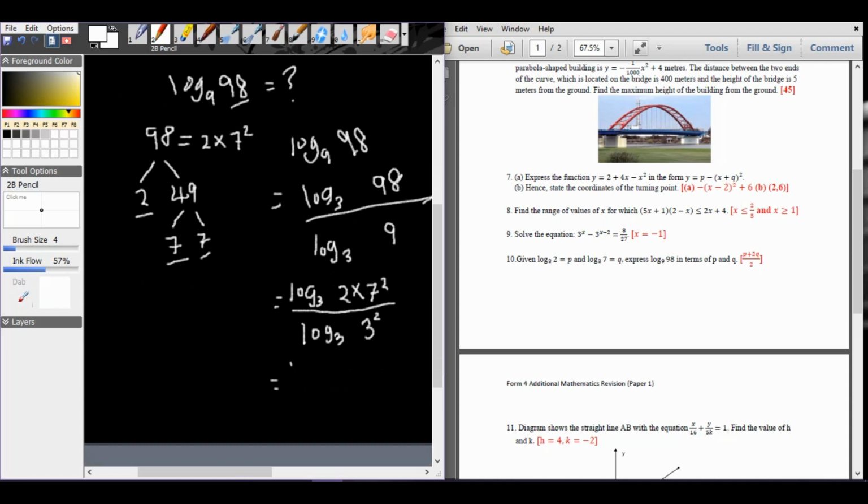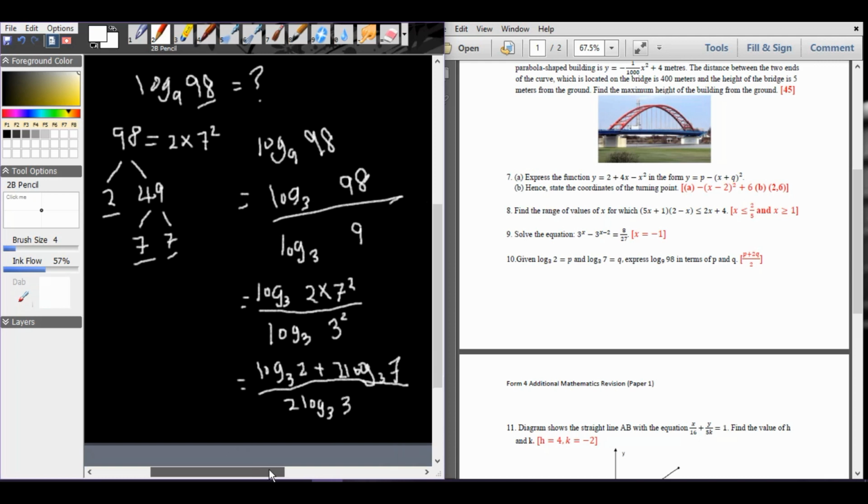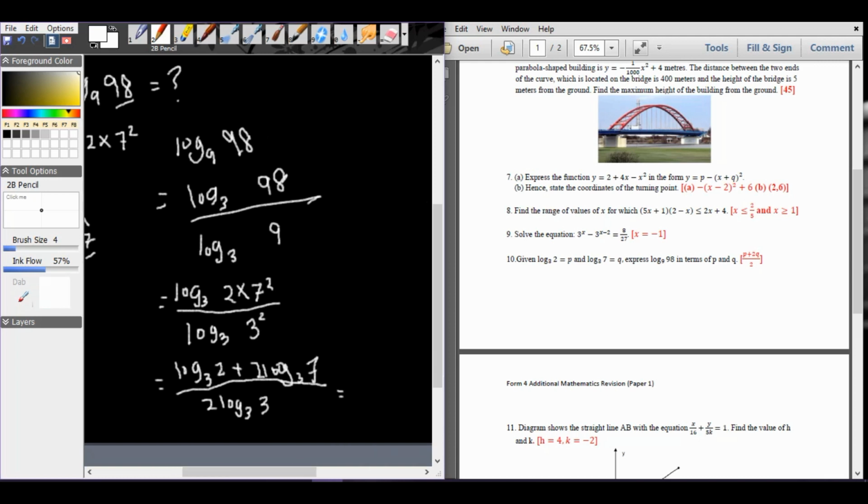Okay, so this is equal to log_3 2 plus, this power 2 we can bring it down, 2 log_3 7, over, this power we bring it down, so 2 log_3 3. So log_3 2 is given p, plus 2 log_3 7, is q, over 2 log_3 3, which is 1. So this is the answer.